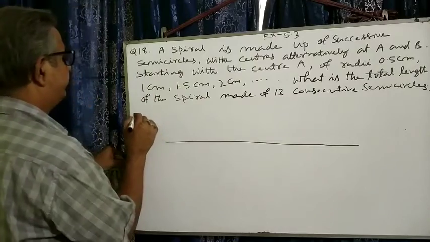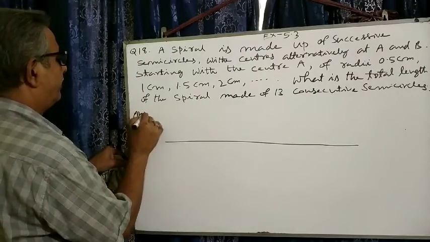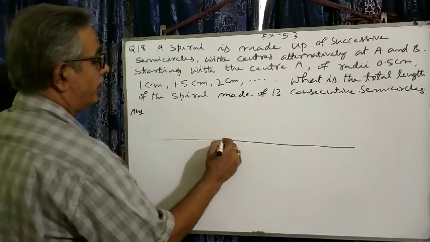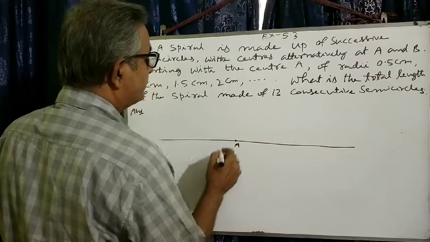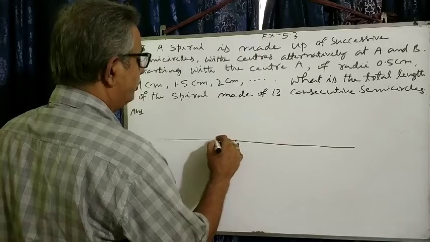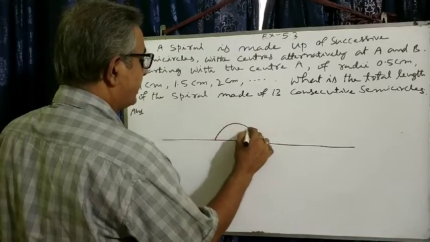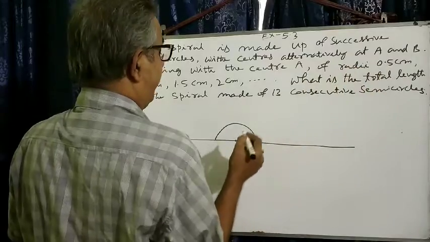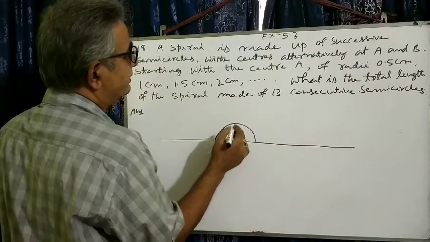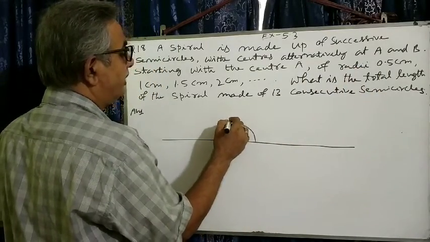Center A you are taking here. With center A, you draw one semicircle with radius 0.5, and let the length of the arc be L1.